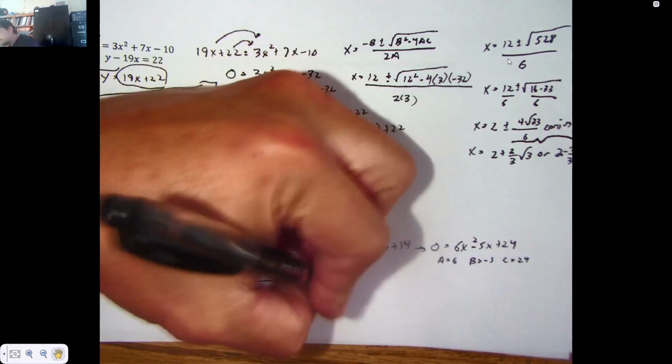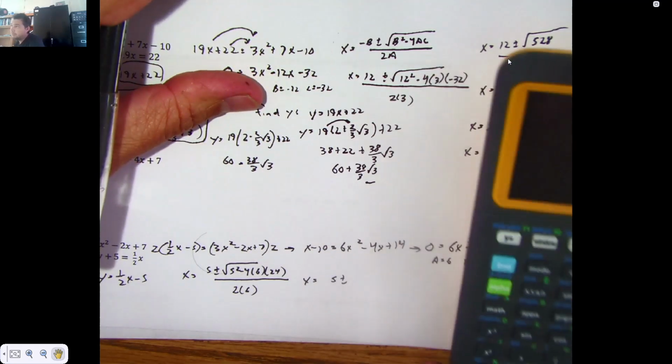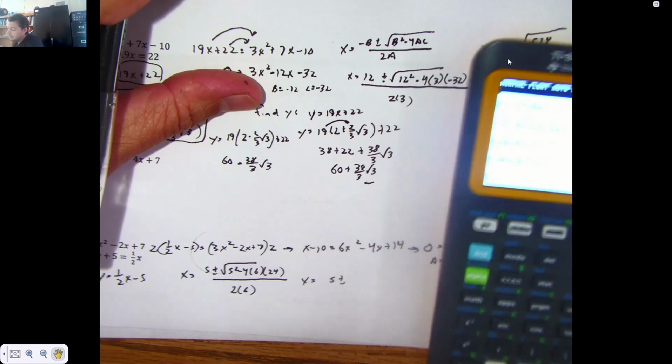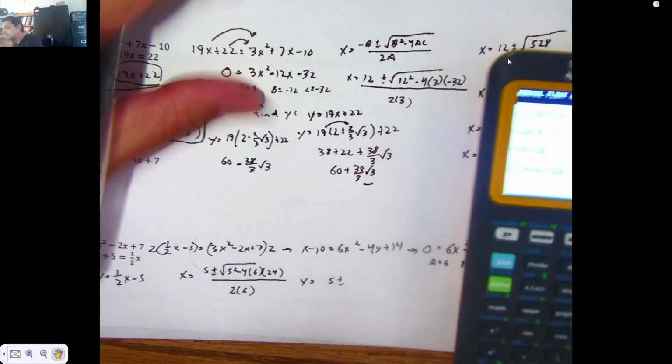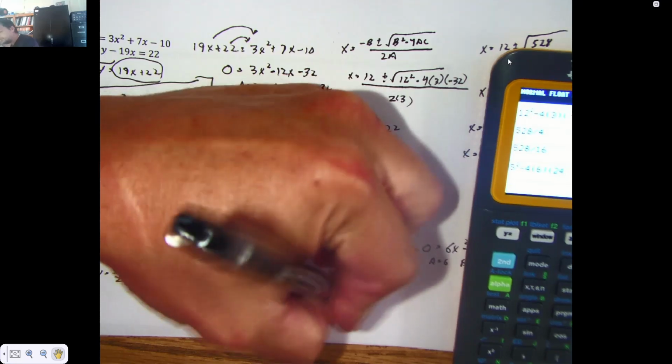So x is going to be 5 plus or minus, we have a 25 minus something else there. 4 times 6 is 24, times 24, which is what, 576? Now, we got 5 squared minus 4 times 6 times 24, which is -551, sitting over 12.